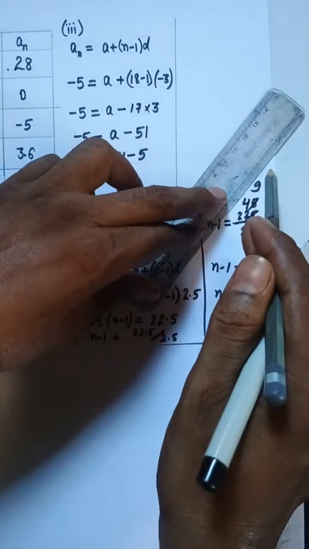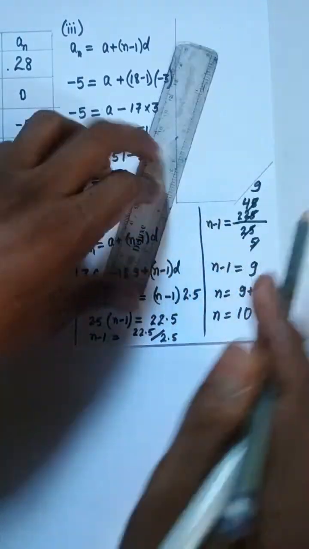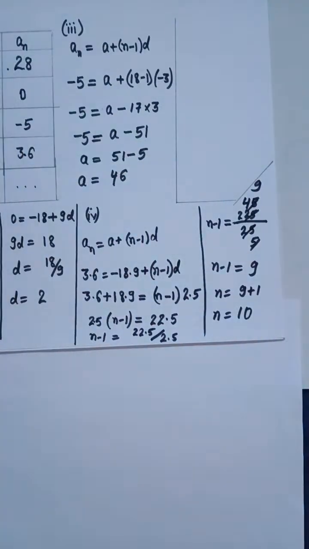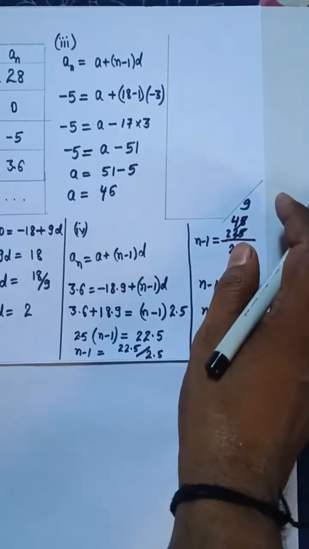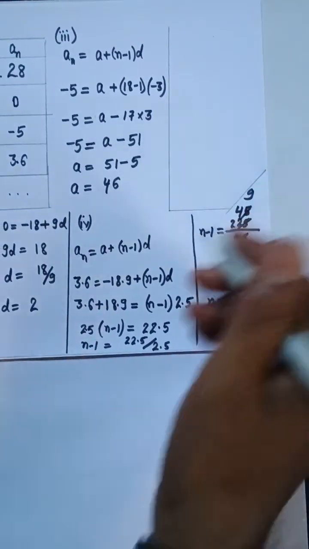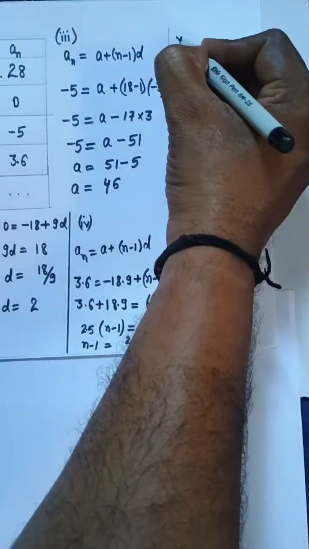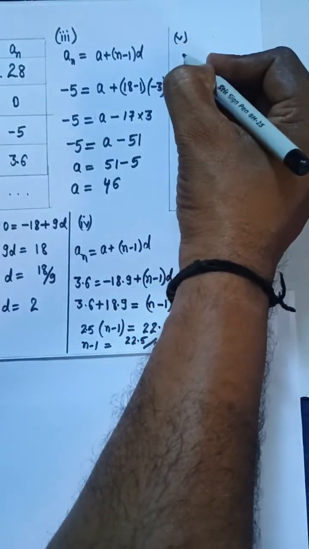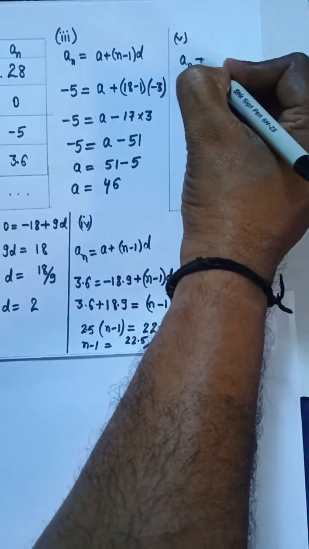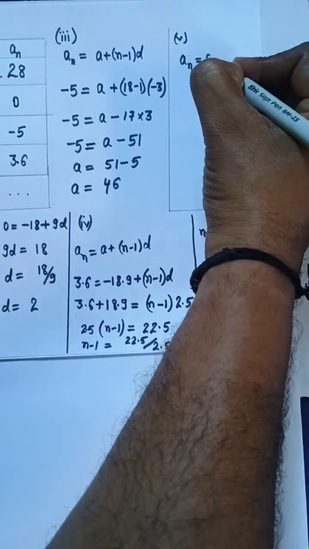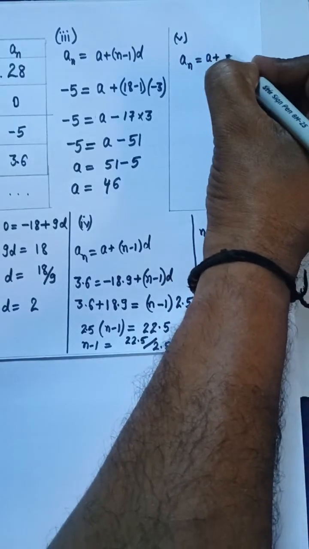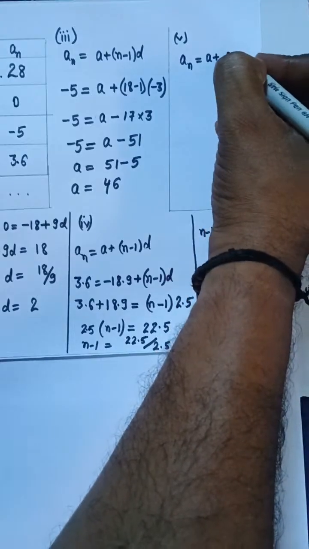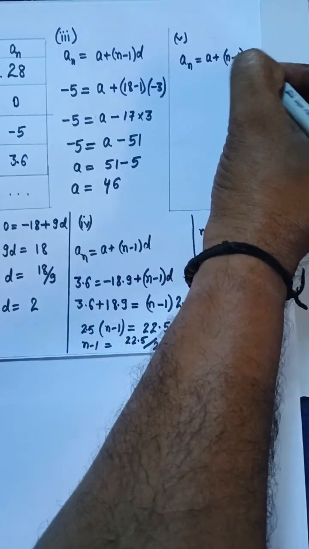Okay, so let's solve here. Number 5. Same formula. I can write an is equal to a plus n minus 1, then d.